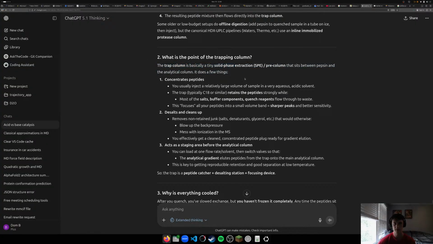The trap column is basically a tiny solid phase extraction pre-column that sits between the pepsin column and the analytical column and concentrates peptides. You usually inject a relatively large volume of sample in a very aqueous acidic solvent. The trap retains the peptides strongly while most of the salts flow through to waste.